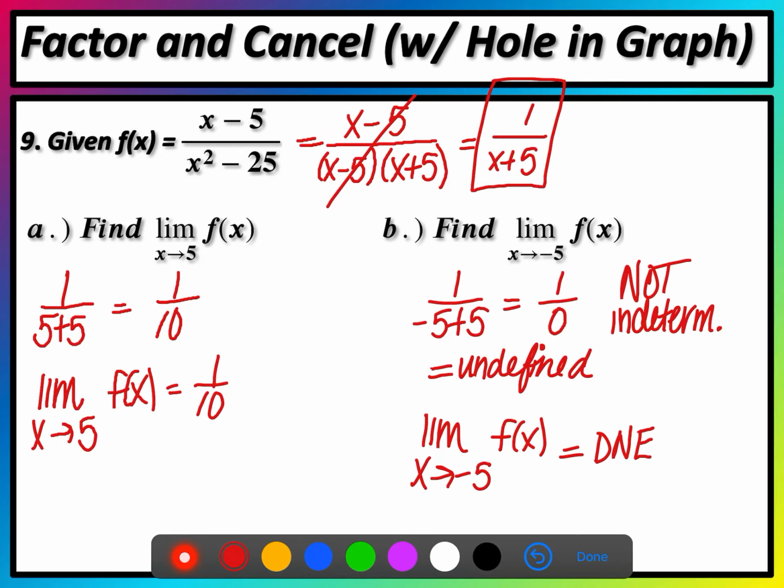So that's telling me that if we graphically found the limit from the left and the limit from the right, they would be approaching two different values. Okay, and if you want to grab your grapher and check, if you put in 1 over x plus 5, you will see just that.